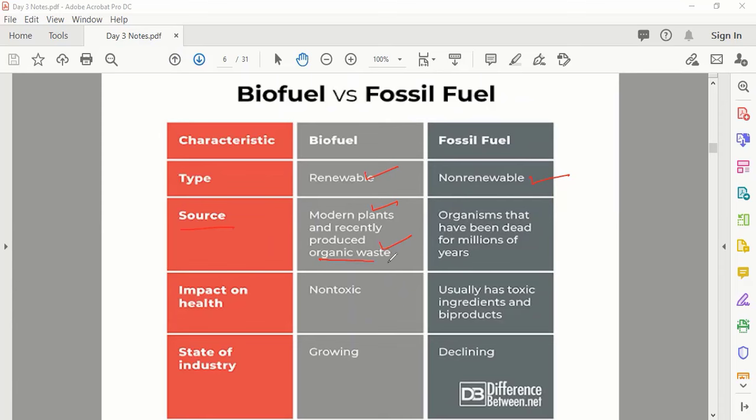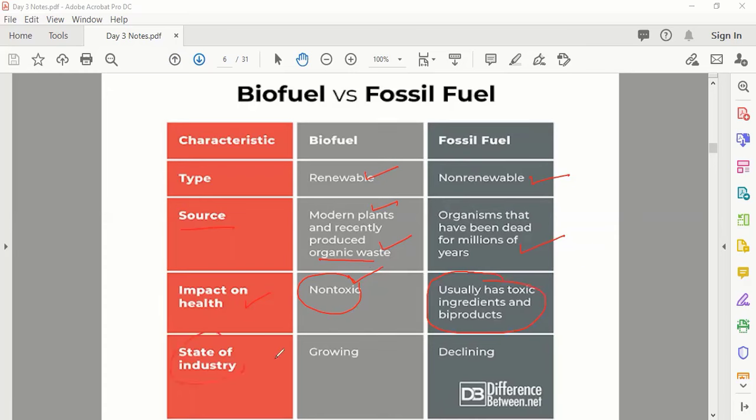Even the trash from your house can be converted into biofuel. Fossil fuels are produced from organisms that died millions of years ago. Impact on health: the fuel produced from plants and animals, like biofuels, is non-toxic. It does not release any harmful gases. But fossil fuels are toxic, I mean, they cause a lot of pollution.